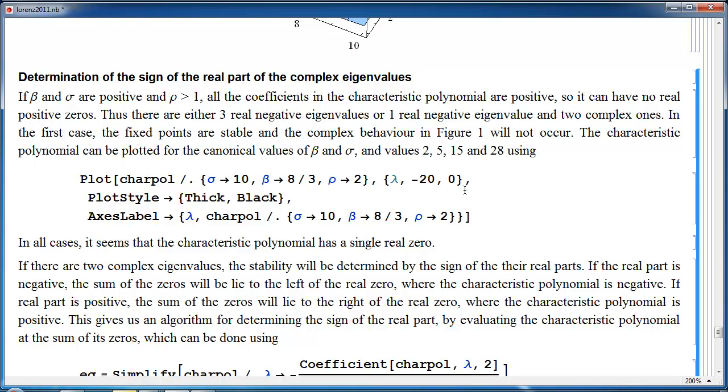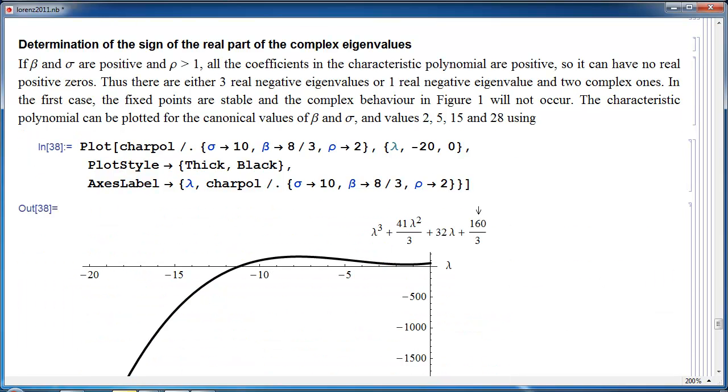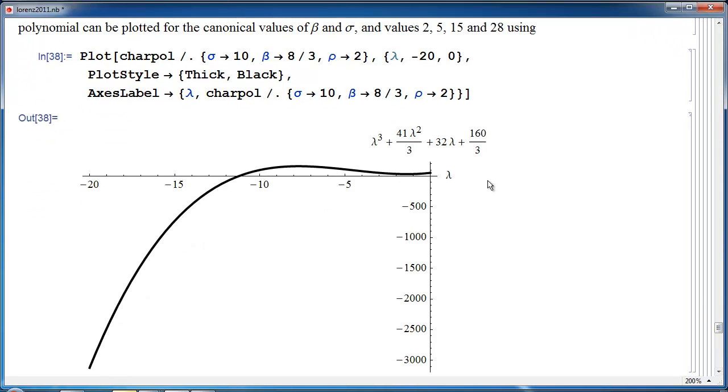So what I'm going to do now is to plot the characteristic polynomial for various values of rho for the standard values of sigma and beta. And here we see that the characteristic polynomial has a turning point here and here, but it never gets down to the axis, so there's only one real zero of the characteristic polynomial.